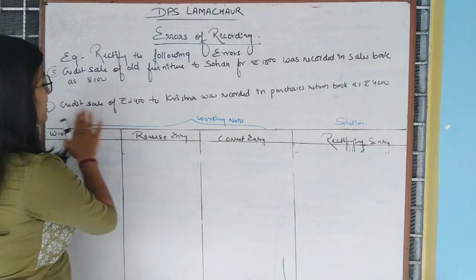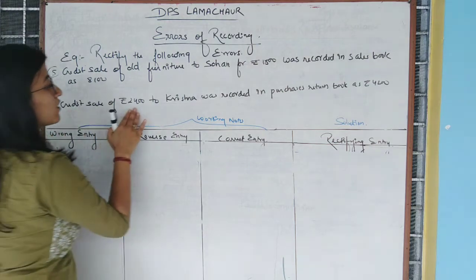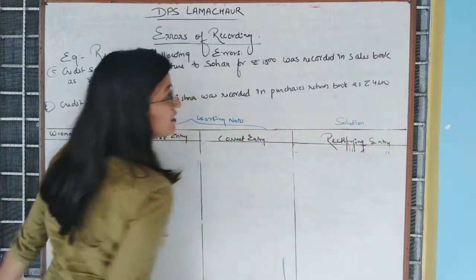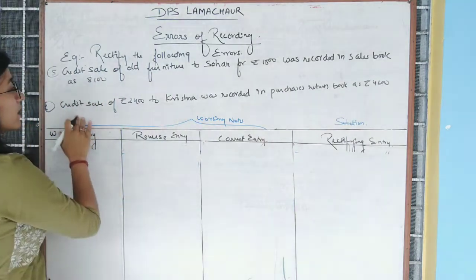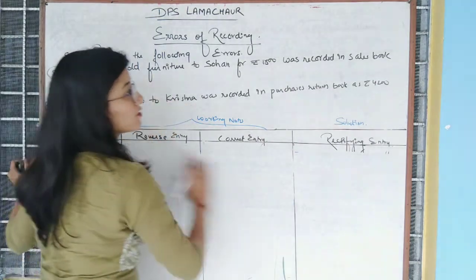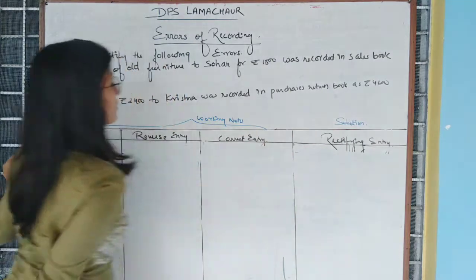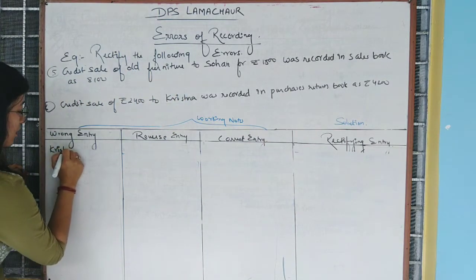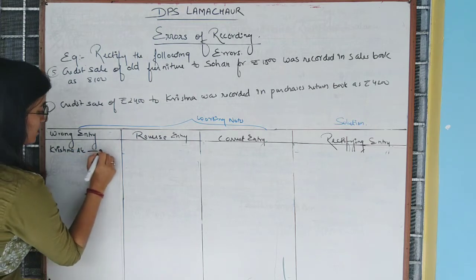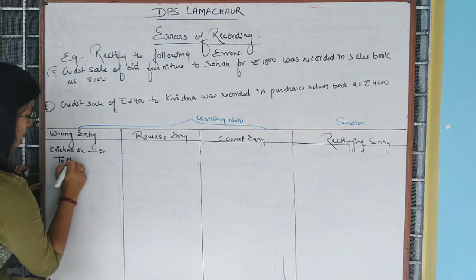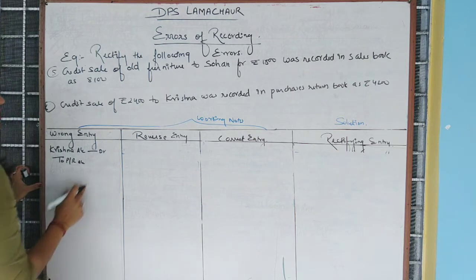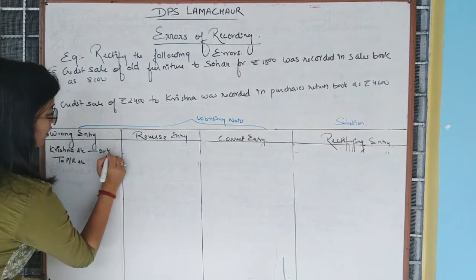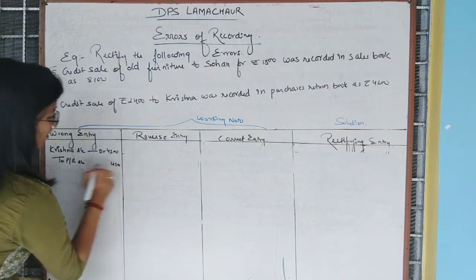Now here is the last transaction, which is credit sale of 2400 to Krishna was recorded in purchases return book as 4200. So here credit sale has been made to Krishna, but it is recorded in purchase return book. So the wrong entry will be Krishna account debit to purchases return account, and the amount is 4200.